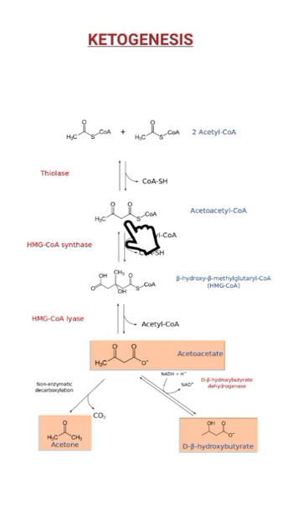In the second step, another enzyme called HMG-CoA synthase adds another acetyl-CoA to acetoacetyl-CoA in order to form beta-hydroxy beta-methylglutaryl-CoA, or in short, HMG-CoA. So the enzyme that does this is called HMG-CoA synthase.